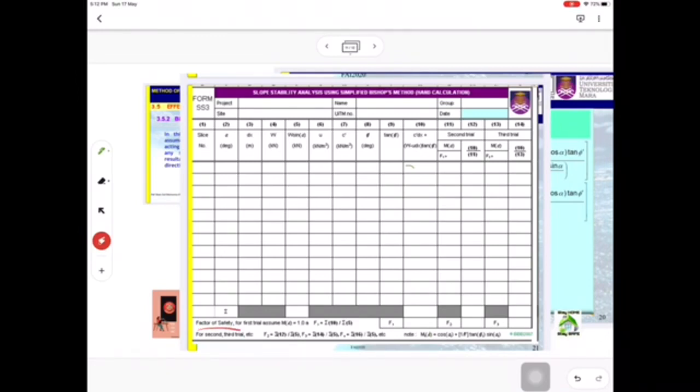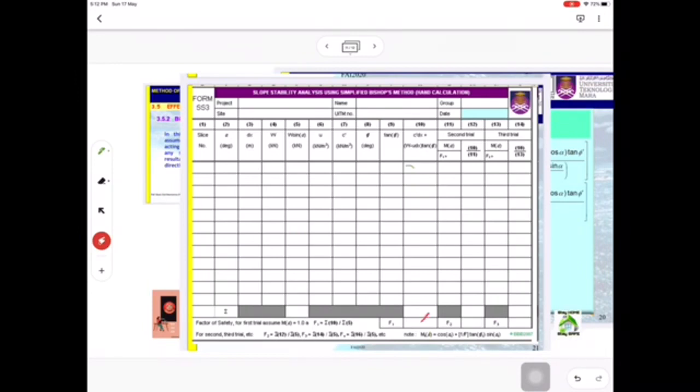For the first trial, you use M alpha equal to 1, so F1 is equal to column 10 divided by column 5.